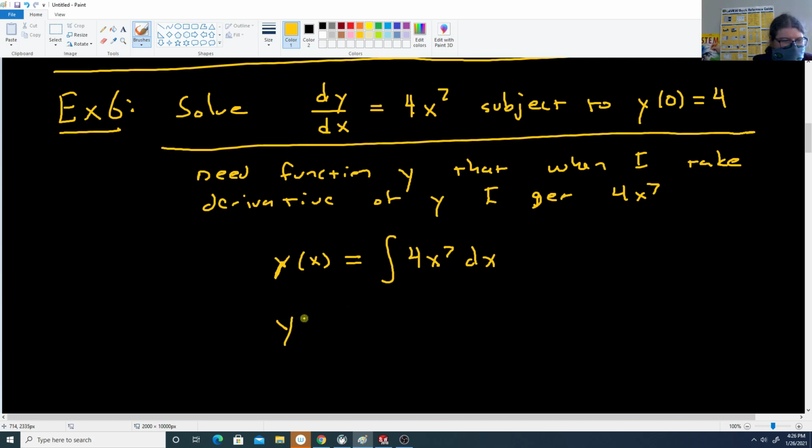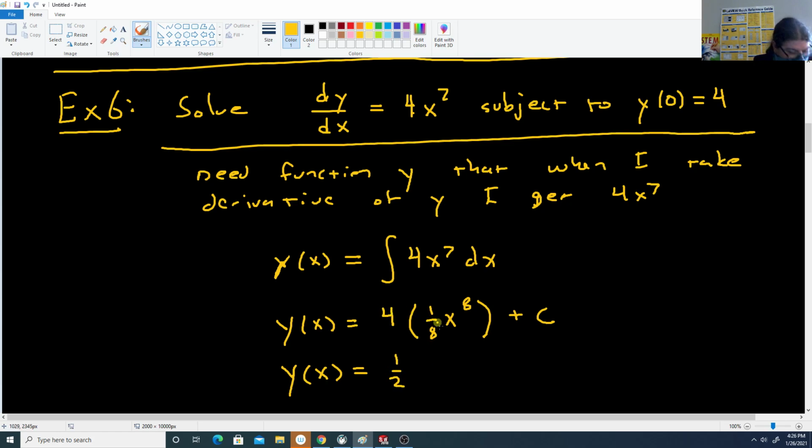So this will give me y of x would equal, the 4 will be out here, I'll have an x to the 8th, and I'll need a 1 over 8 out front. And I need a plus constant c. So to get this a little bit nicer, if I have 1 over 8th and 4 up here, 4/8 is a half. So I would end up with 1/2 x to the 8th plus c.